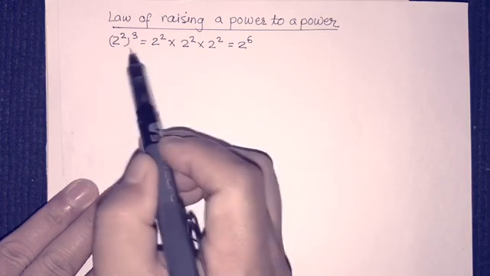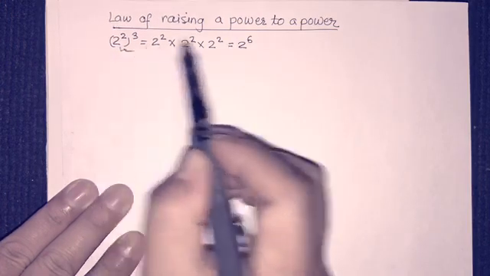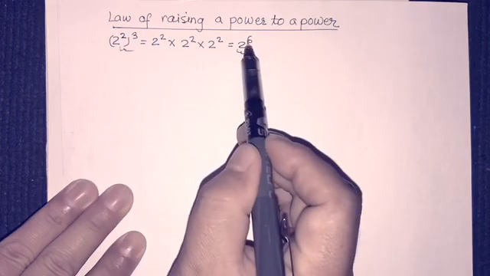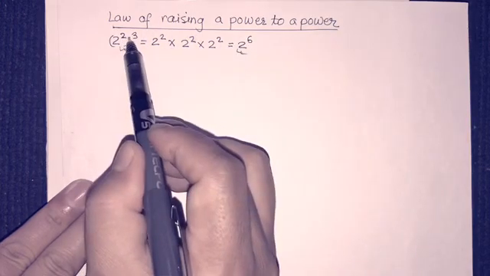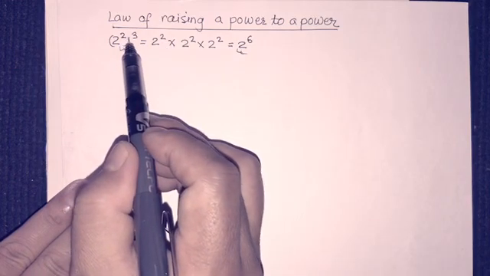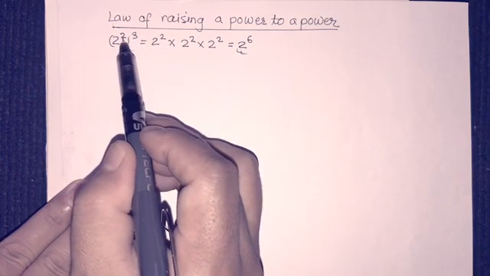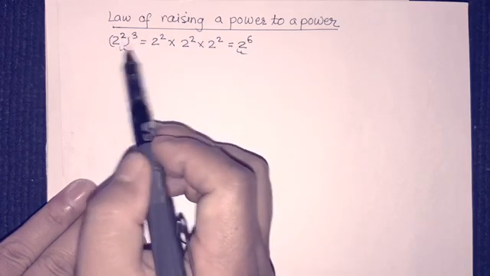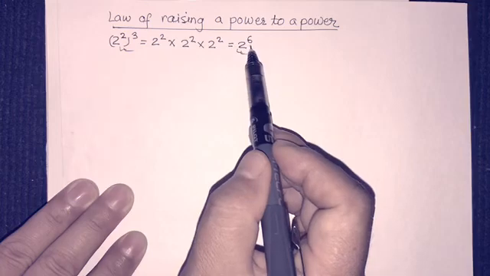Okay, so you see the result here: the powers 2 and 3 give 6, so they are multiplied here. So in this case you have to multiply. If there are 2 powers, that means a power is raised to a power, then you have to multiply.